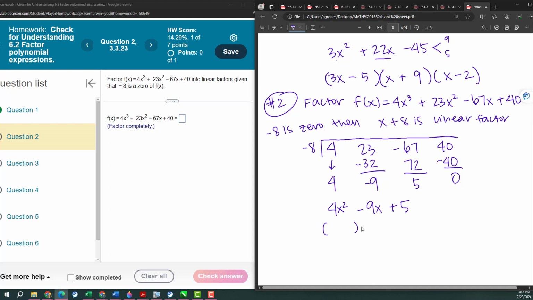And so we need to factor this all the way down. So let's do like 2x and 2x. And then we need our ending pieces to total to 5. Let's just play around with it.